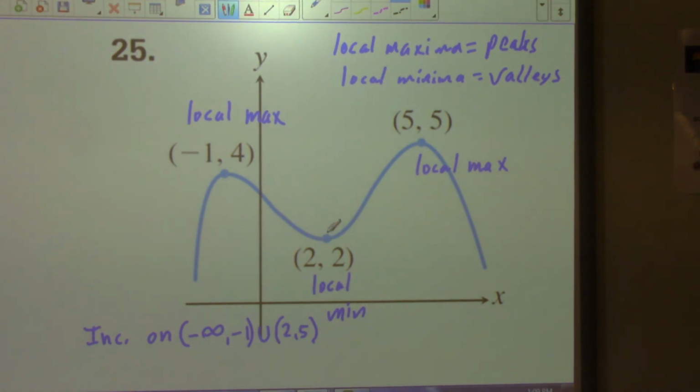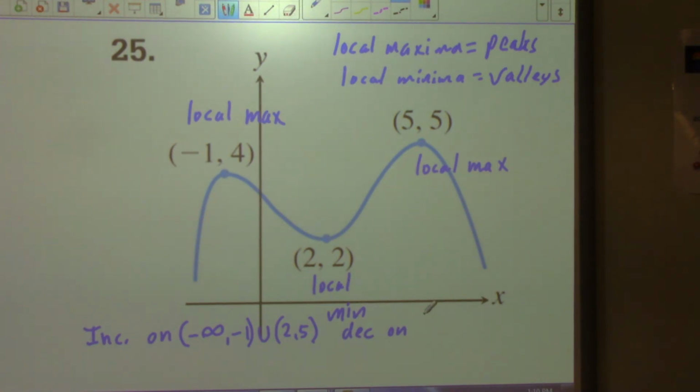And the reason is because the function is increasing all the way up to and including 5, because there's nothing to the right of that, because the function is decreasing after that. So sometimes you'll see it written with brackets. That's something on tests. I'm not going to beat you up over that, nor does the AP test.